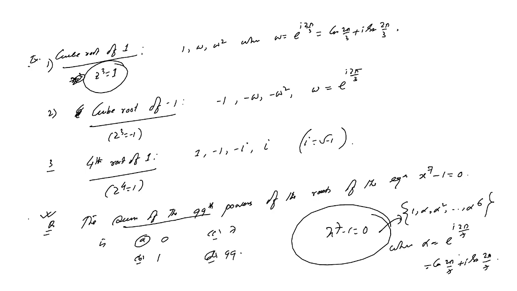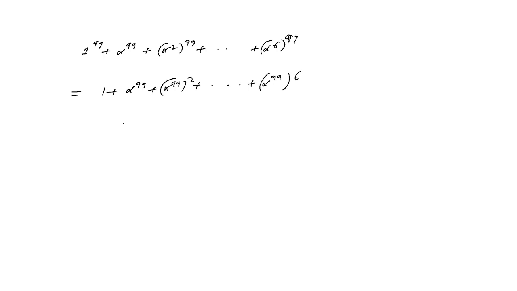So here the interesting fact is, this is a complete list of roots. We'll take the 99th power of each root. So 1 to the power 99 plus alpha to the power 99 plus alpha squared to the power 99 plus up to alpha to the power 6 to the power 99. So this is the sum of the 99th power of each root, and you can write 1 plus alpha to the power 99 plus alpha to the power 99 whole square plus up to alpha to the power 99 whole to the power 6.